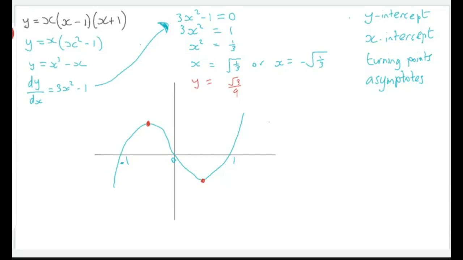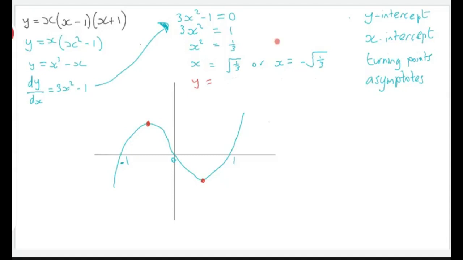Oh, no. 3 over 9, take away... I got minus 2 root 3 over 9 for the first one, because I forgot to take away the... Oh, it's so annoying and so complicated. Well, the calculator is there to help, but you've got to be careful with it.